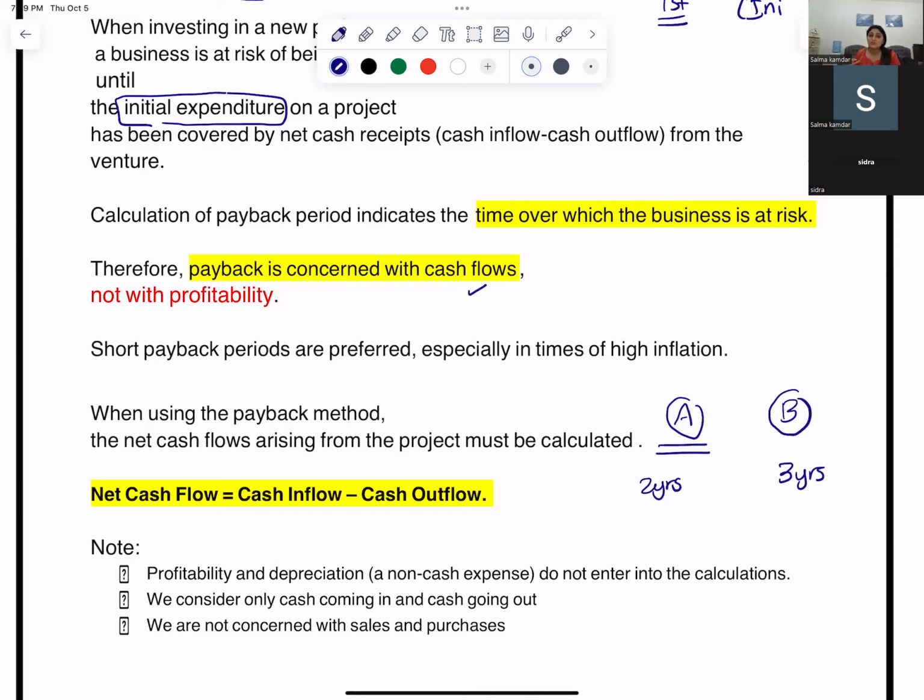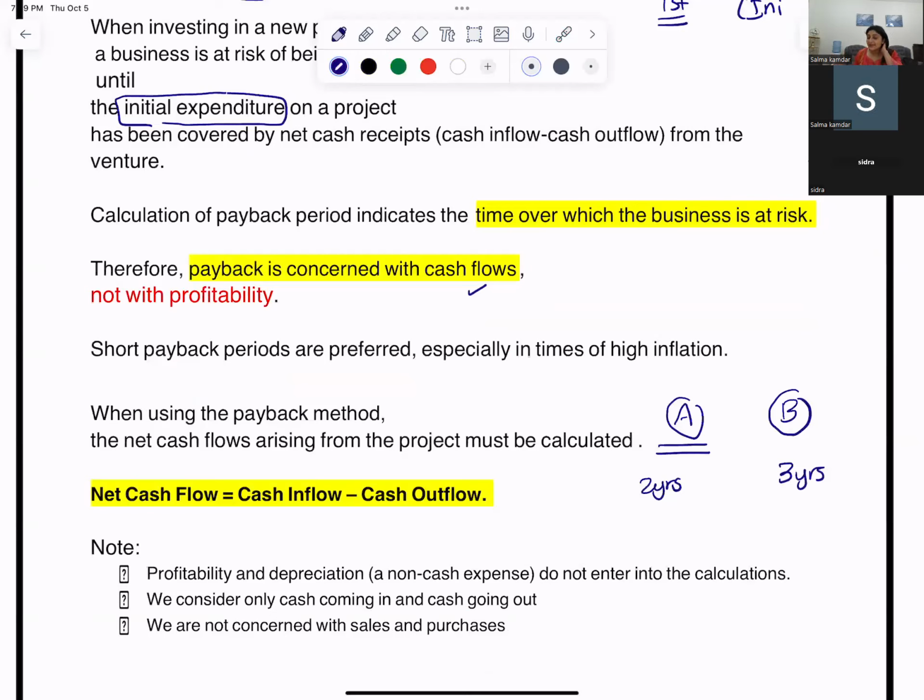In which project would you invest? Which project is more beneficial? A. The project which has a shorter payback period will always be preferred over a project which has a longer payback period. Are you with me?